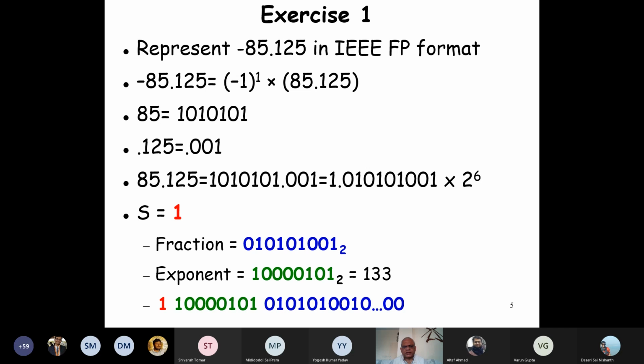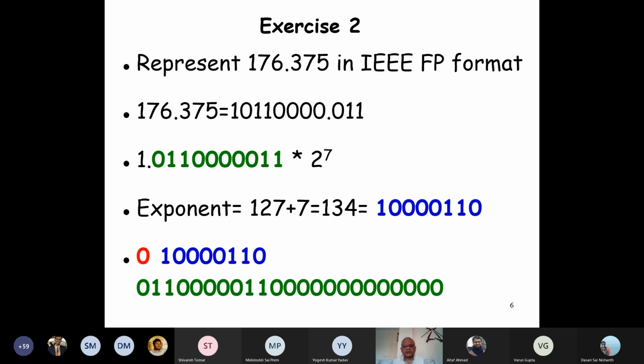And now we have got it. Sign is 1. Fraction part, we got it. Wrote this down here. Exponent part is 6 plus 127 is 133, represented here. 128 plus 5. And then we have got our representation.